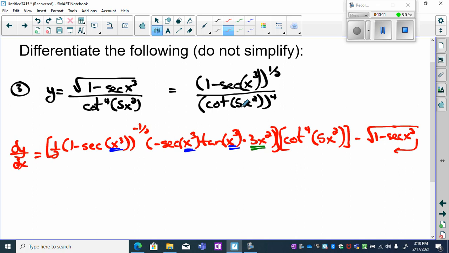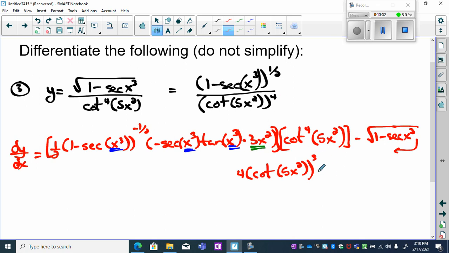For the derivative of the denominator, I'm going to look at this piece right here. Chain rule: 4 times, rewrite the bracket, cotangent 5x squared, close the bracket, to the 4 minus 1, which is 3.